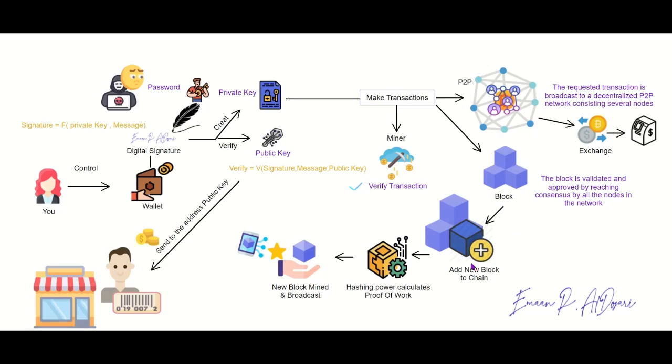Through the block, we can add a new block to the chain. Through the hashing power calculated proof of work, we get a new block mined and broadcast through the network. The point of using the miner is to secure our system against fraudulent transactions and against double spending.